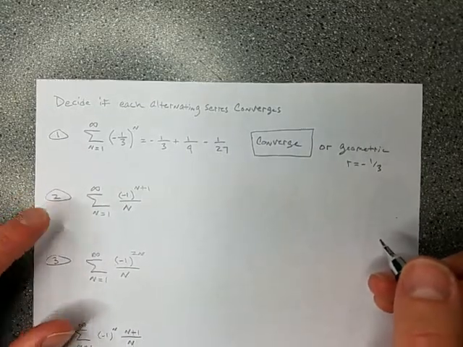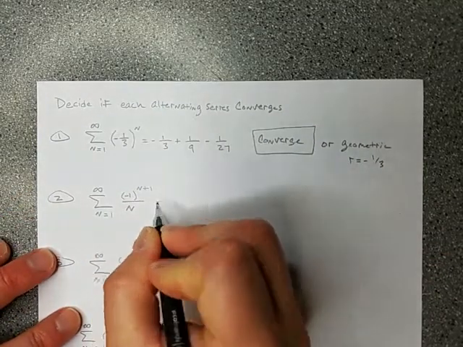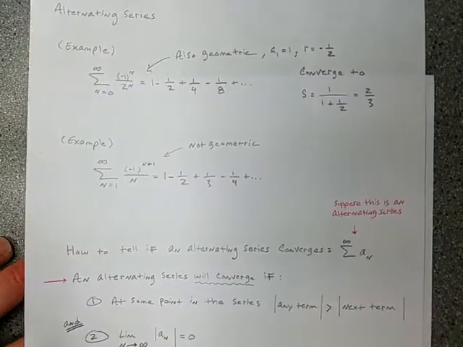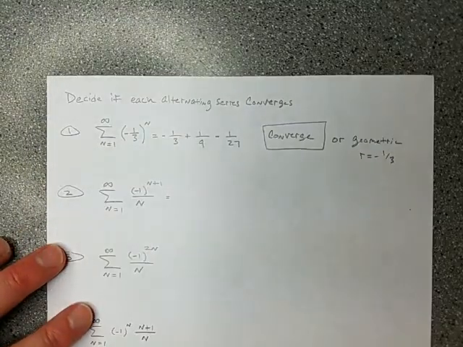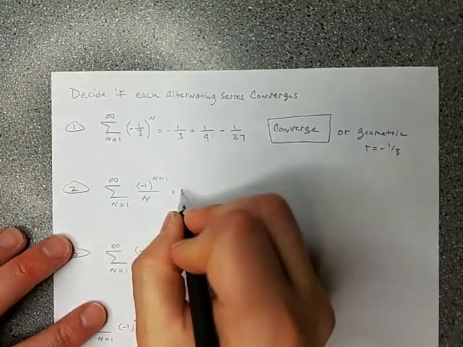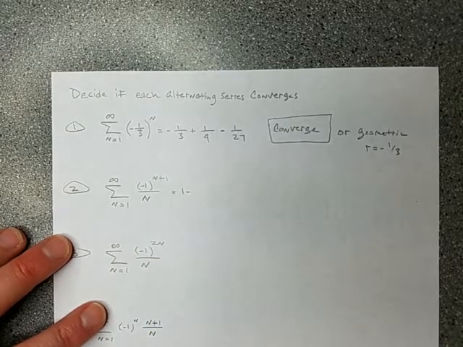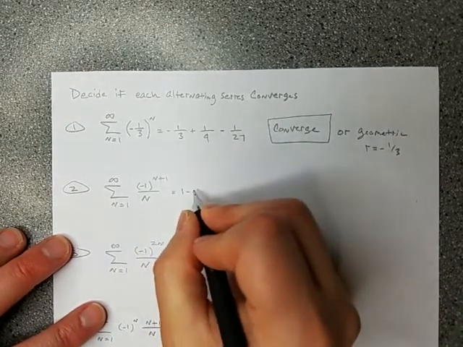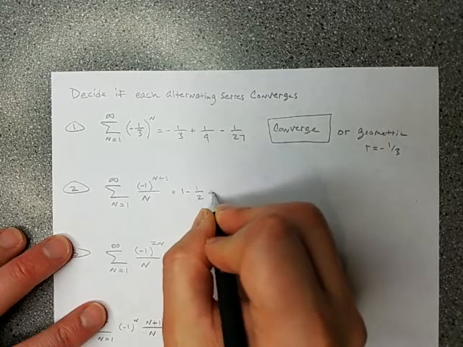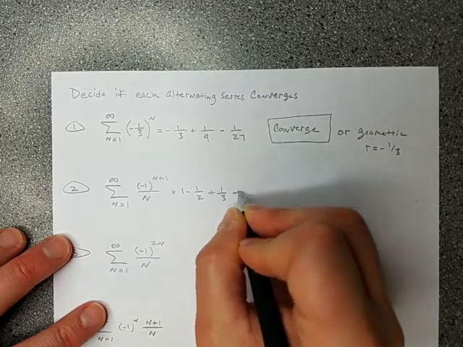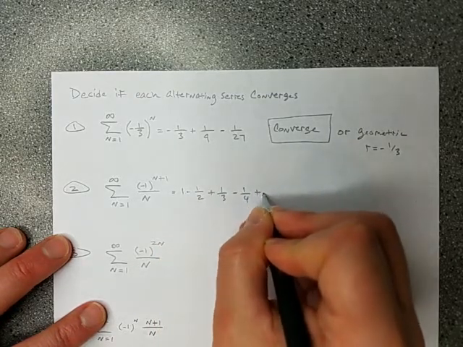What about this one? That one should be easy to tell also, right? That's this one that we already looked at over here. Okay. I'll write out a few terms just for completeness. I feel silly leaving it blank, but 1 minus a half plus a third minus a fourth, and it goes on from there.